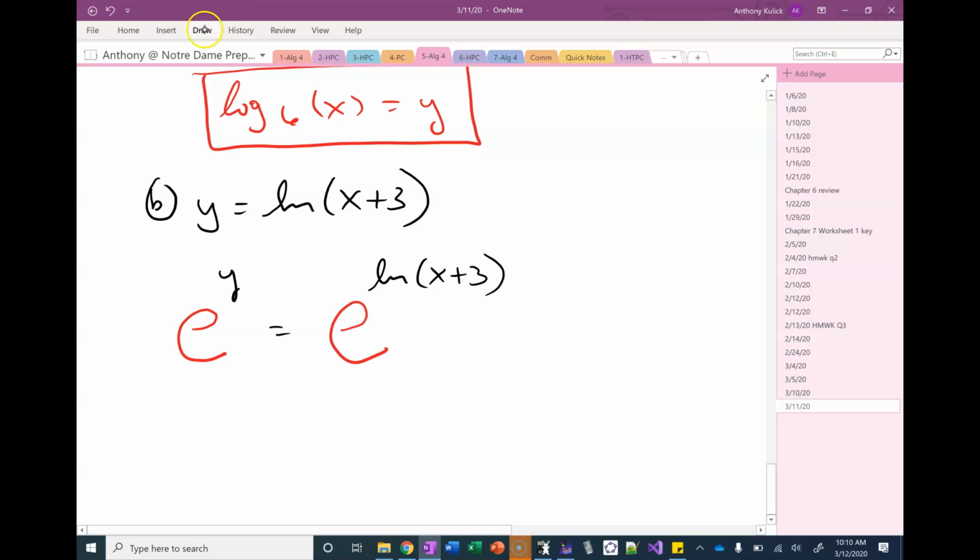If I look at the right-hand side of this equation, what do you notice can happen? Exponent base e will cancel log base e. So what would we be left with on the right side? x plus 3. We'll continue trying to get the x by itself because we still have something going on there. What else do we need to do?